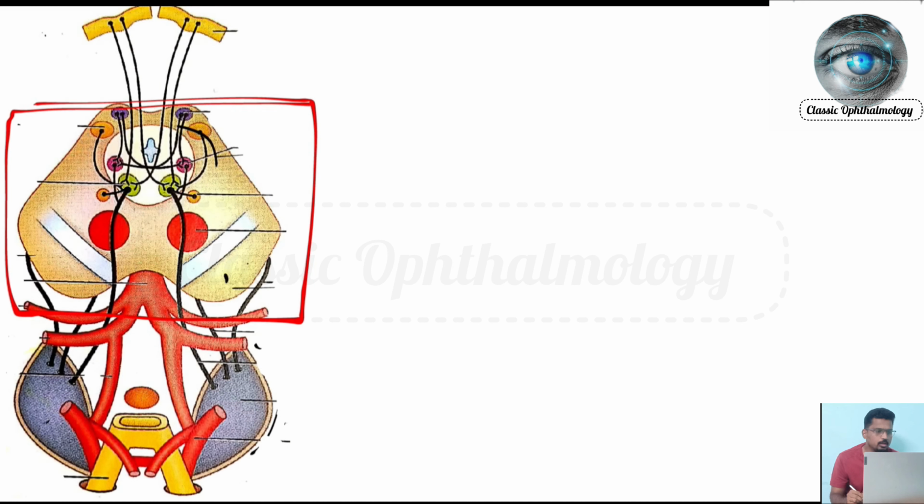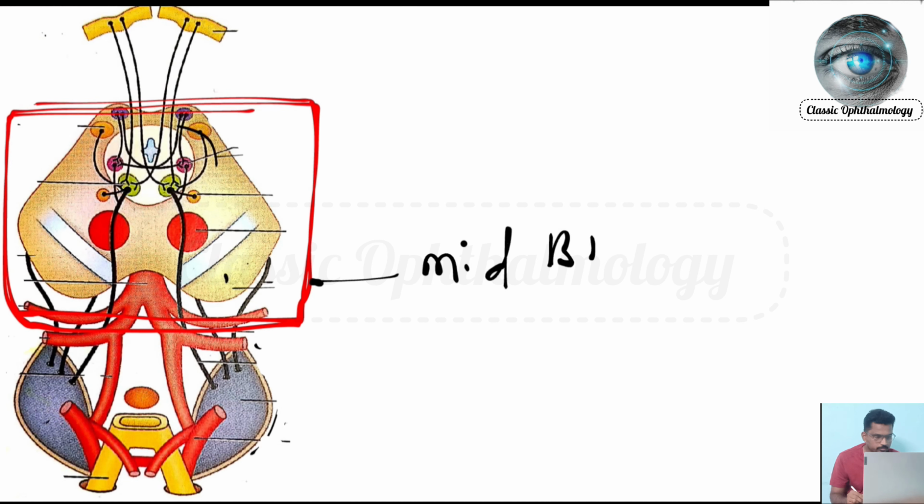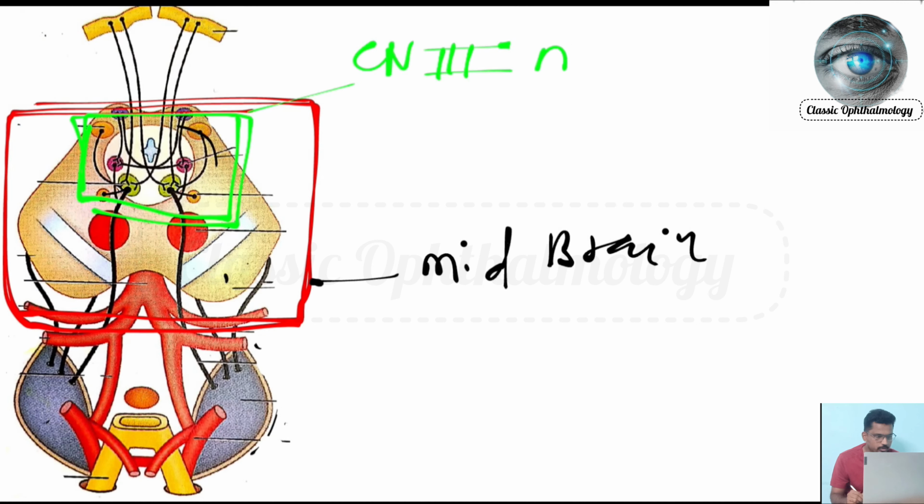Now this is our midbrain, and this is our nucleus. The third cranial nerve or oculomotor nerve arises from the nucleus and emerges from the midbrain.